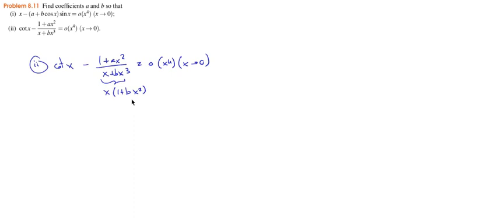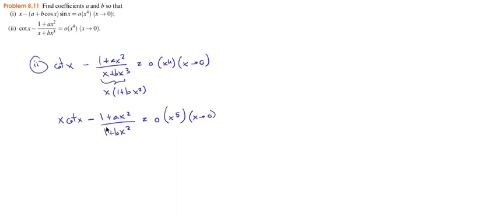So we can actually multiply everything by x. So we have x times the cotangent of x minus (1 plus a x squared) divided by (1 plus b x squared) is small o of x to the fifth when x goes to 0.